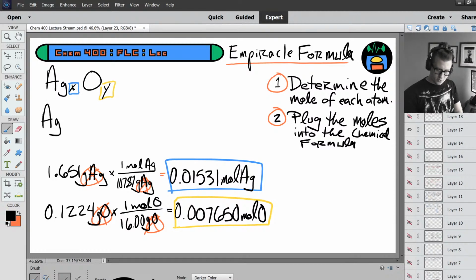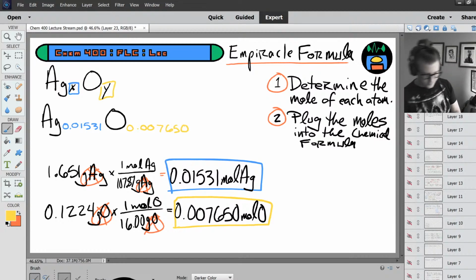We're going to have silver with a subscript of 0.01531, and we're going to have oxygen with a subscript of 0.007650. All right, step number 3.